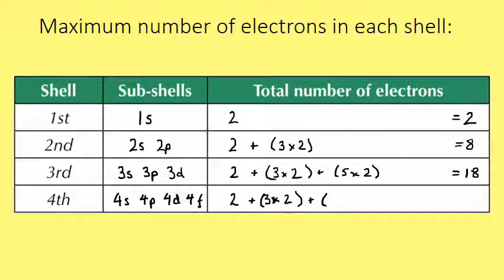We have 5 4d orbitals, 2 electrons in each, and now we have the 7 4f orbitals, 2 electrons in each. And so when we add those all up together, we can see that you can actually fit 32 electrons in the 4th shell. Hopefully that's been clear.